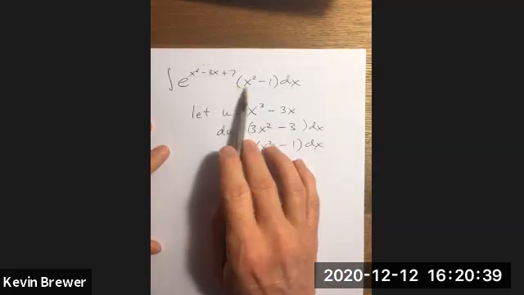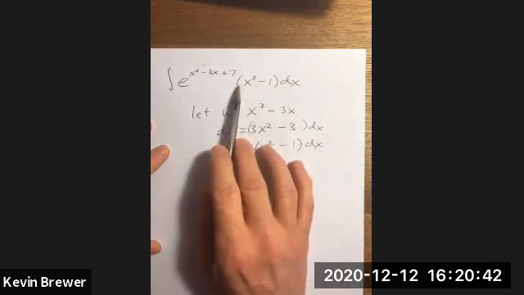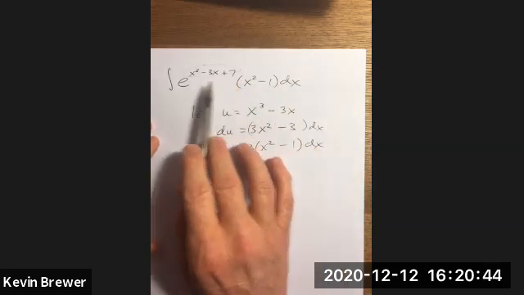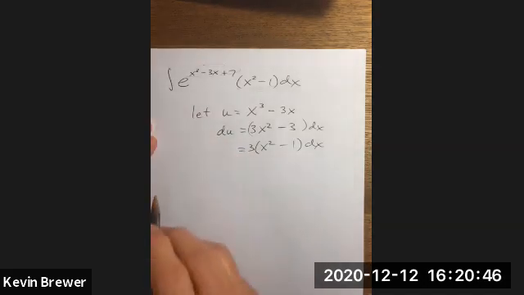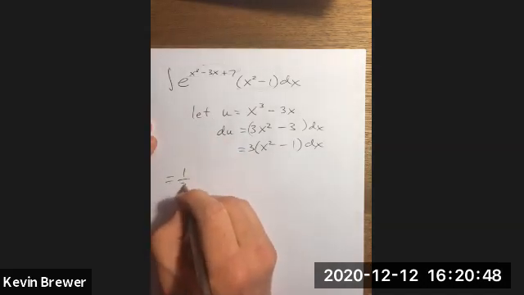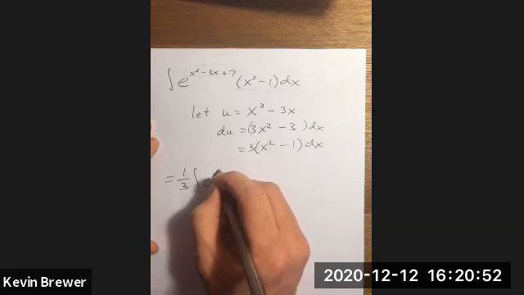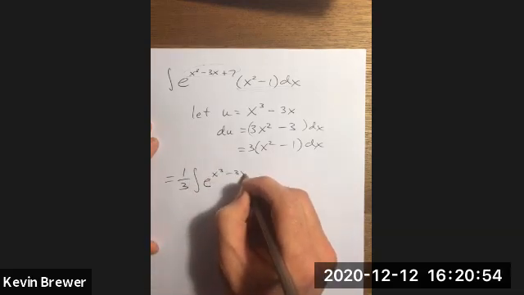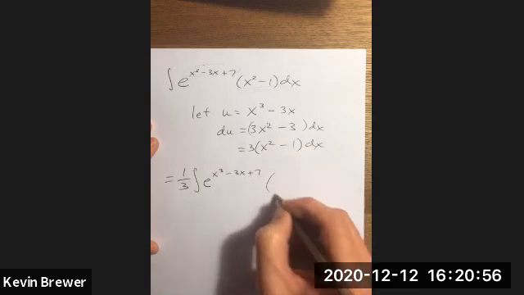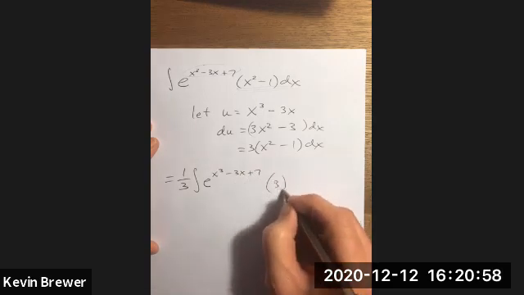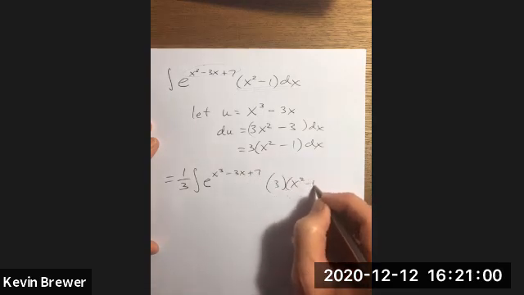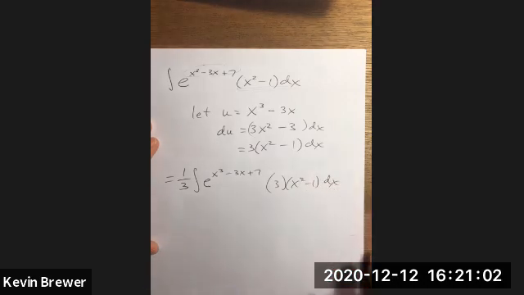We want to see 3 times all this. So I'm going to put a 3 here, and I'm going to put a 1/3 out here. So this is 1/3 times the integral of e to the x cubed minus 3x plus 7. And now I'm going to put my 3 times x squared minus 1 dx.